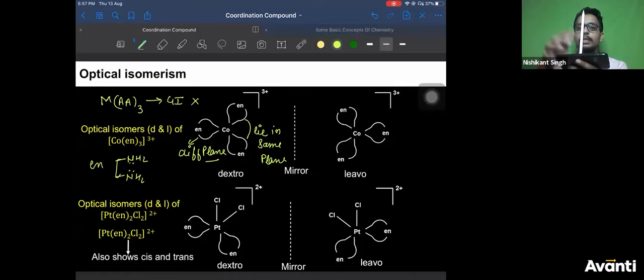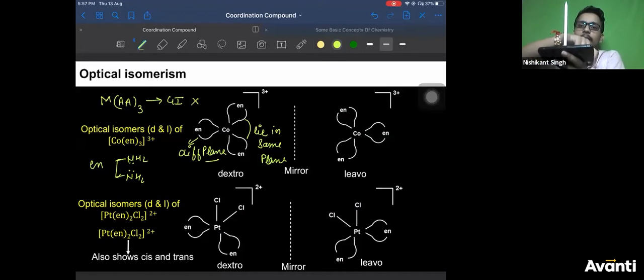So the first bridge is from top to this. The second ring is from this vertical down to here. Right? So one ring like this, one ring like this, and one ring is like this, lying in this square plane. So this ring and this ring are lying in this vertical plane.